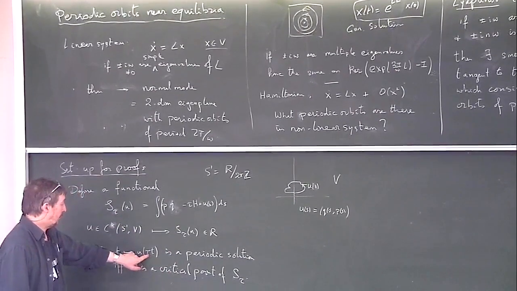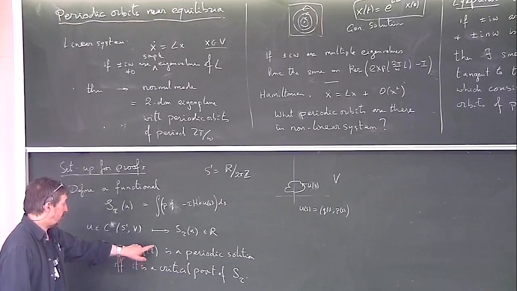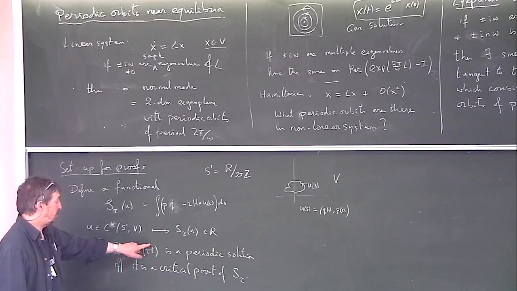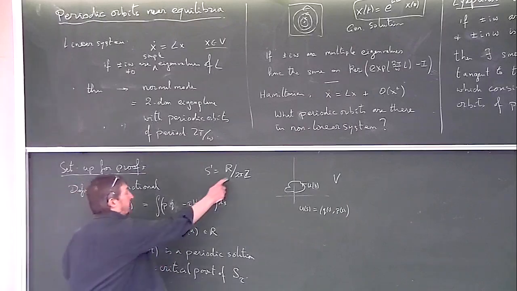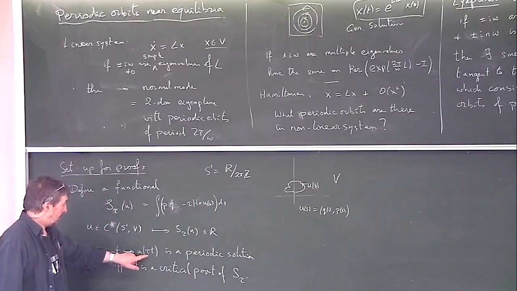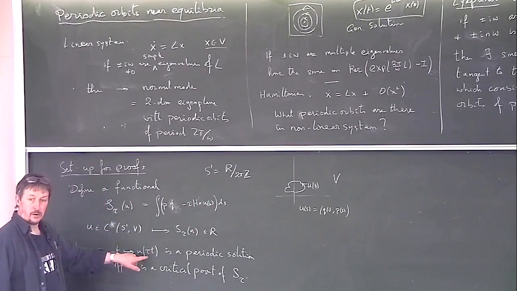So tau tells me, this has period 2 pi, u, by definition. So the period of this is 2 pi over tau.